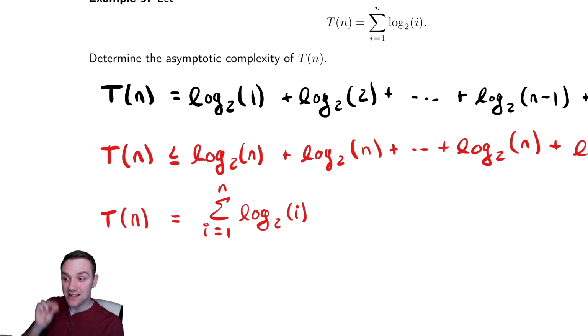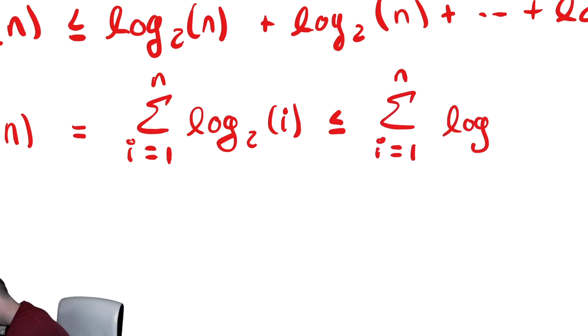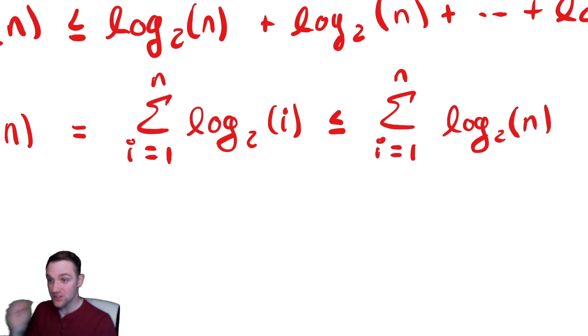I'm going to do the exact same thing, but with the sigma notation. I'm going to replace i, which represents the different values that I'm adding up, with n. So this is less than or equal to the sum from i equals 1 to n of log base 2 of n. That's the first thing we did there.